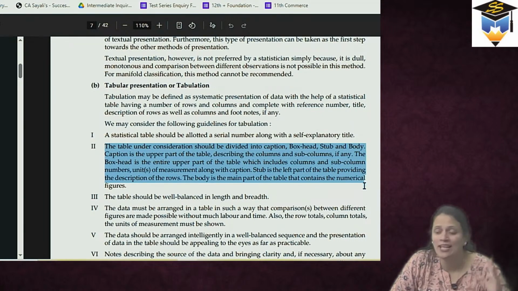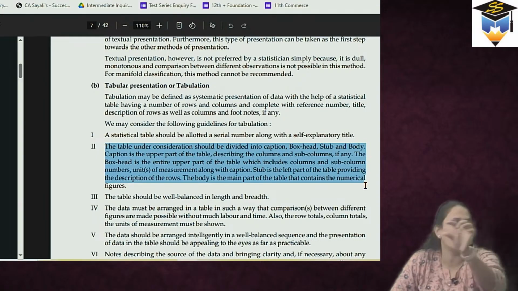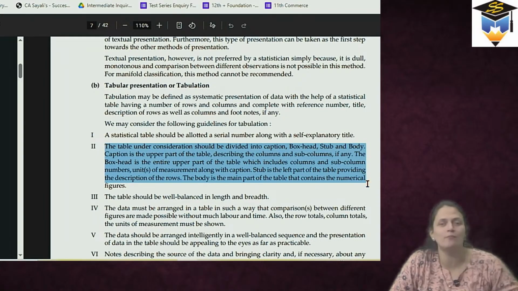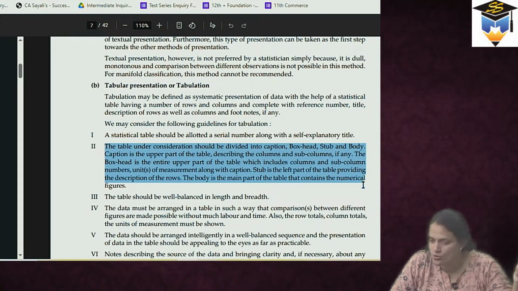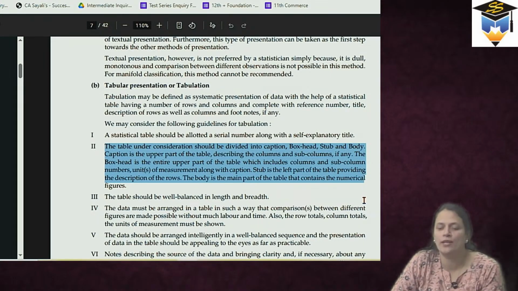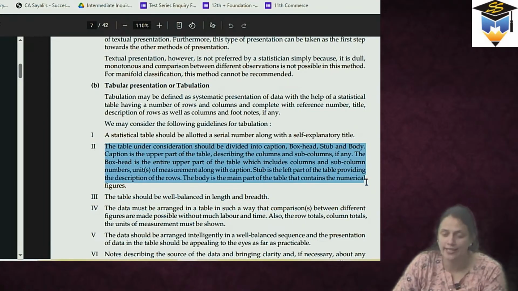Stub is nothing but the left part of the table which provides the description of the rows. Suppose this is the height of the student, weight of the student, marks of the student. That description is on the left hand part, which is nothing but the stub, and body is the main part of the table that contains the numerical figures. So numerical figures will be written on the right hand side.